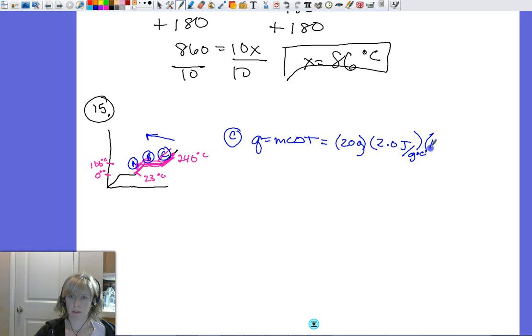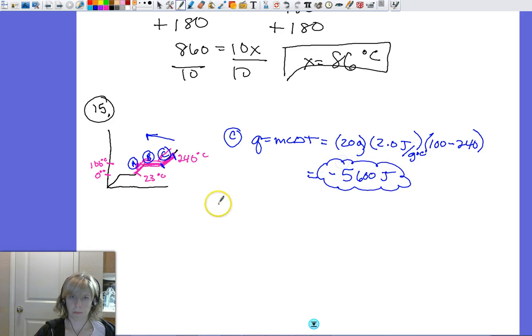And then we have our final, which is 100 minus our initial. Remember, it's 100 is our final because we have to do it one section at a time. So we can only do the temperature change for that section first. So if we crank all this together, we are going to get negative 5,600 joules. So there's the first part.